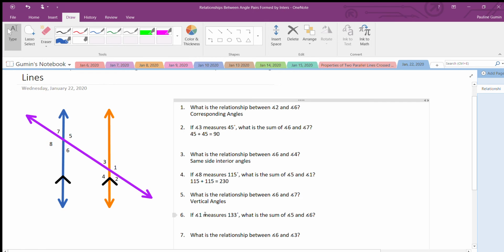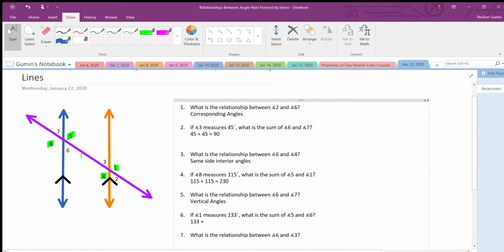All right. Number 6 says if measure of angle 1 is 133 degrees, let's find the angle measures of 5 and 6 and add them together. All right. So again, let's see what else is 133 degrees. 1 is 133, so is 4 because they're vertical. 4 corresponds with 8, and 8 is vertical with 5. Okay, well then I for sure know that 5 is 133 degrees.